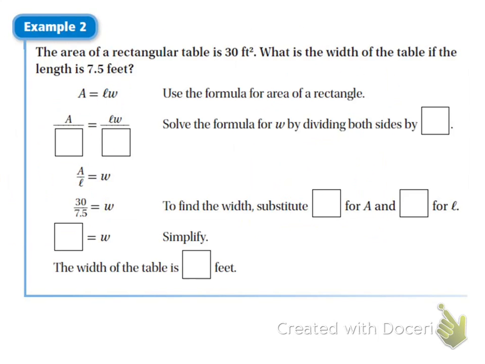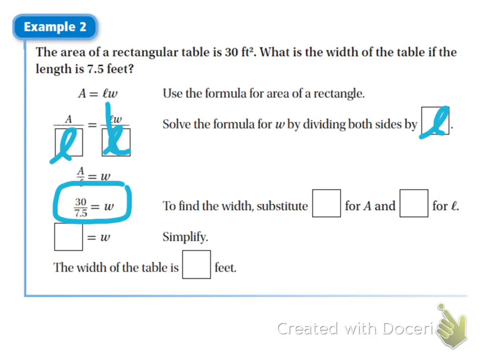Okay, let's do example number 2. The area of a rectangular table is 30 feet squared. What is the width of the table if the length is 7.5? So we're going to divide by L. We're dividing by L to find W. We want to leave the W in there, so divide by L. So now we know the substitution formula to finding the width of the table.